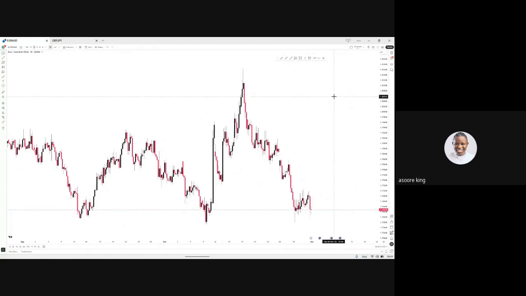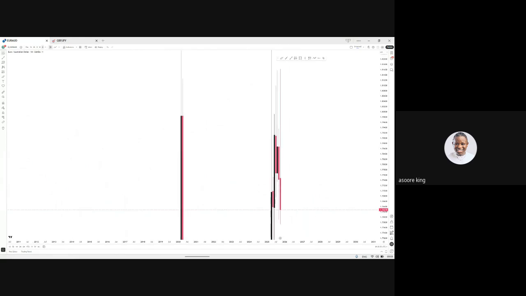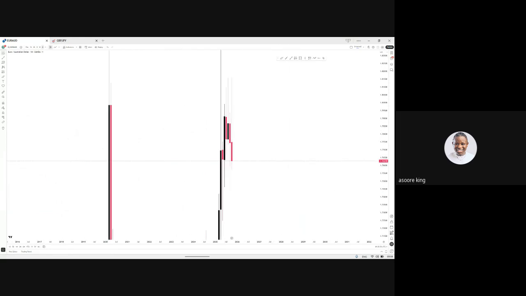So the month has ended, and when the month ends, you have to go to the monthly time frame to see what has happened. From the monthly time frame, the EURUSD was coming from the monthly resistance, and this is the month that just passed.